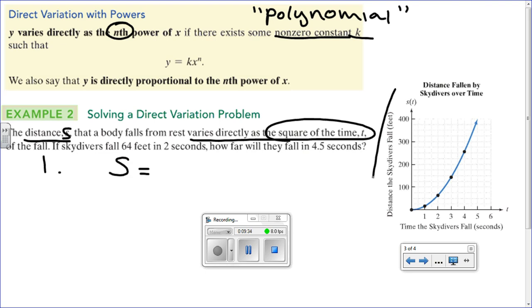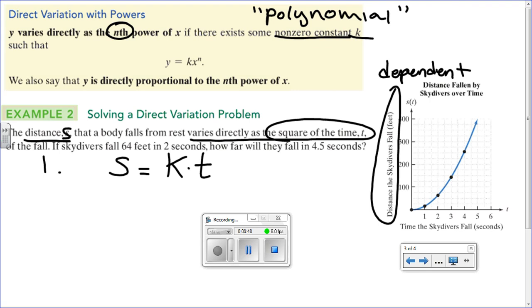Distance is actually your dependent. So the distance depends on the time. And so it says varies directly, so we know it's k times the square of time, so t to the power 2.